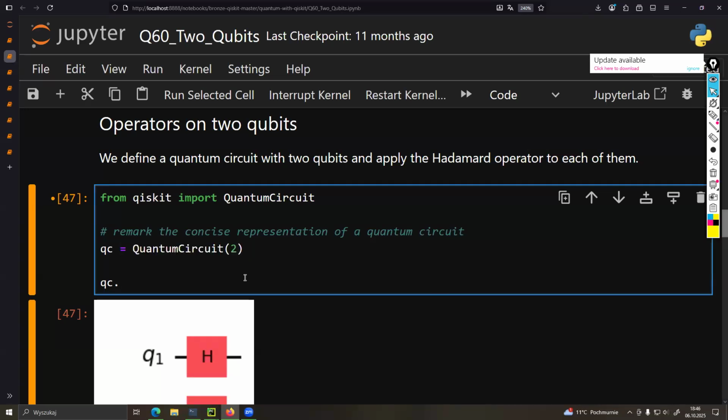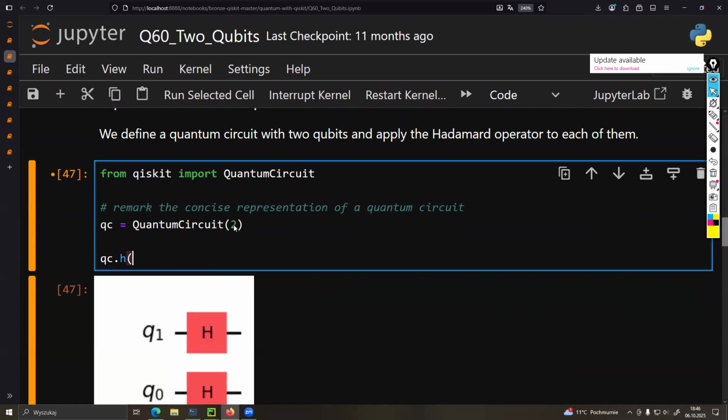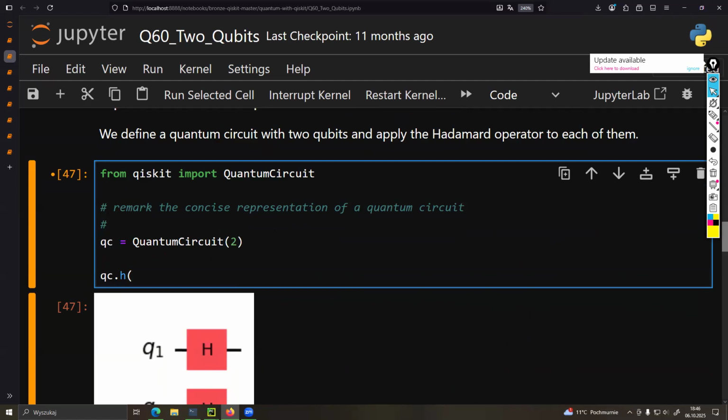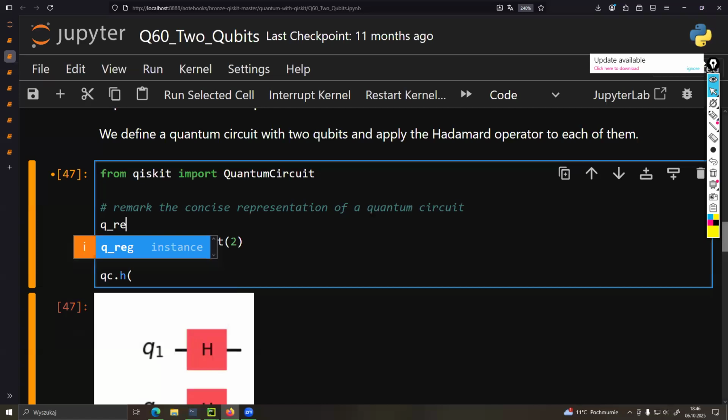So I either apply a single operation of H on the target qubit. So for example, here I had, let's say, a quantum circuit with 2. This is a short notation. So for example, I could define, let's say, a Q register equals quantum register with 2 and pass it directly.